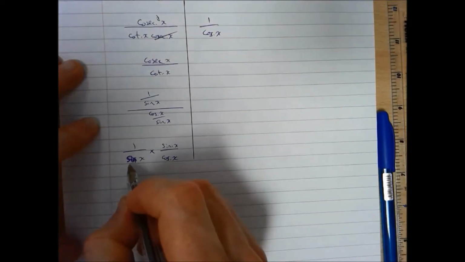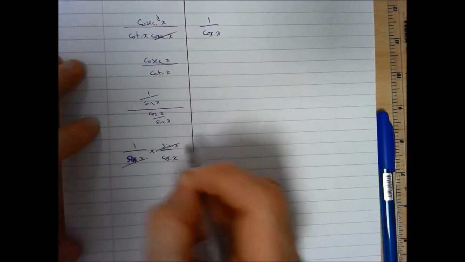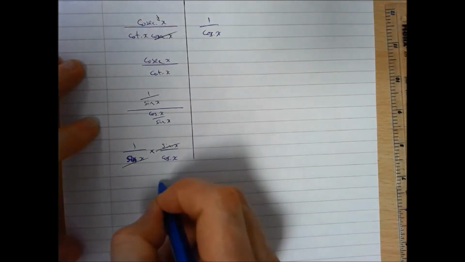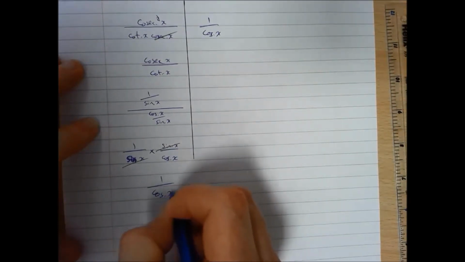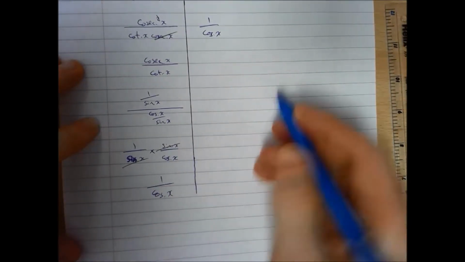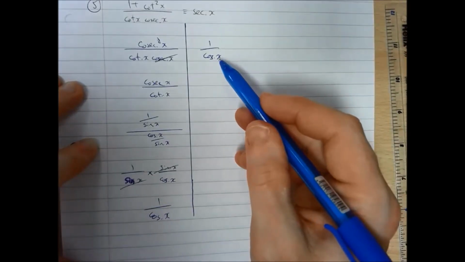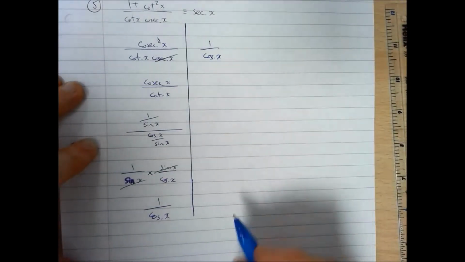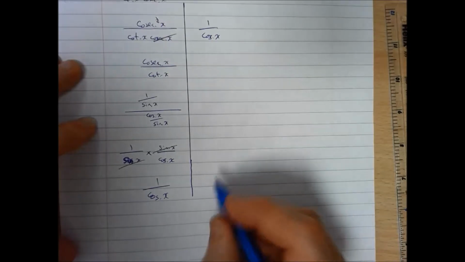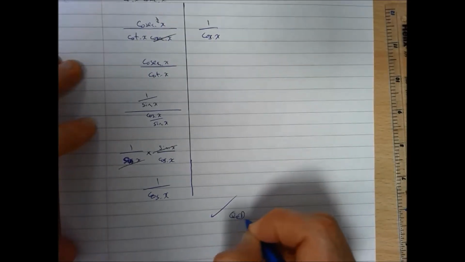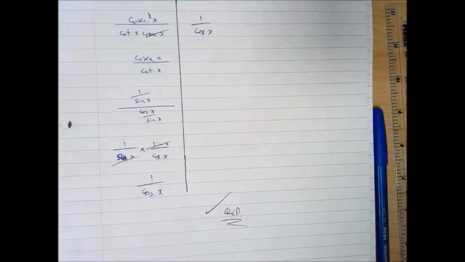Division by a sine x, multiplication by a sine x, they cancel out, leaving us simply with 1 over cos x. Okay, and that's where we finished on the right as well. So we've got left hand side equals right hand side. Okay, and hence we've proven the identity.